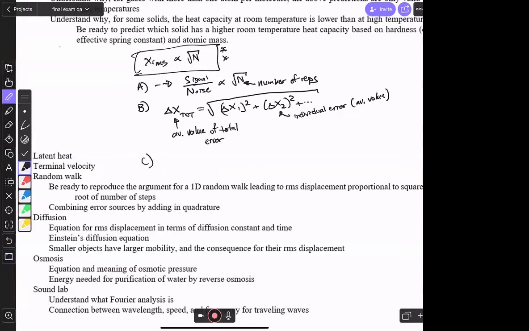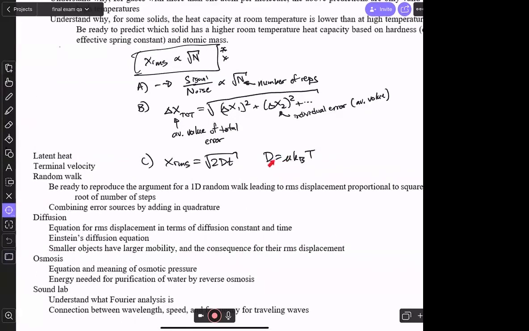And then finally, that the RMS displacement was the square root of 2 times the diffusion constant times T. This equation we didn't prove. Einstein's diffusion equation, which we're about to get to here, but we have used this in a couple of concept tests.